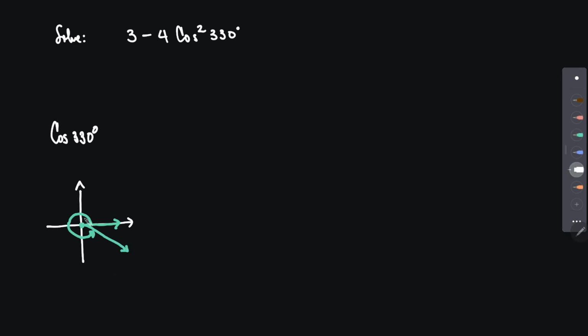Okay, so now we know where our angle opens, right? And how much is left? What is the distance from our terminal side to the x-axis? If all this is 330, to reach 360, you only need 30 degrees. So the reference angle is going to be equal to 30 degrees.